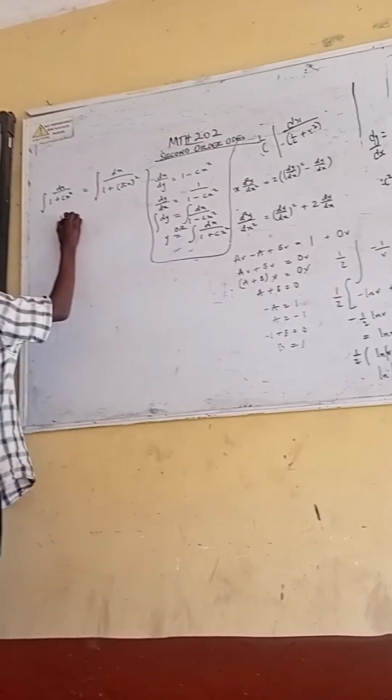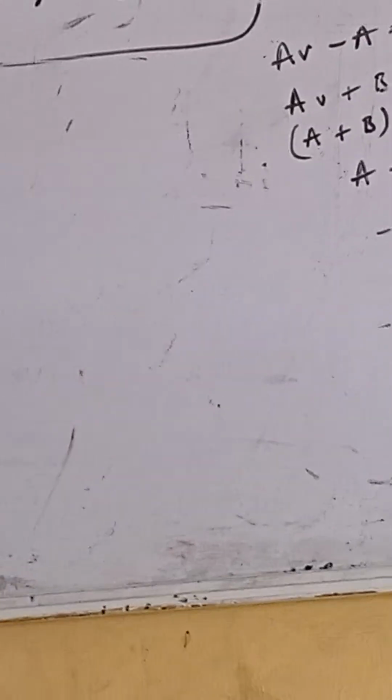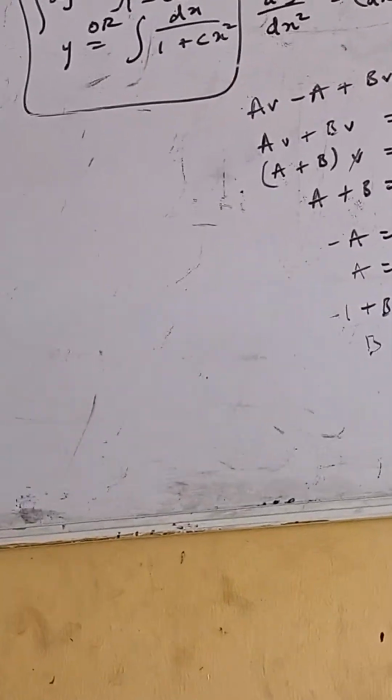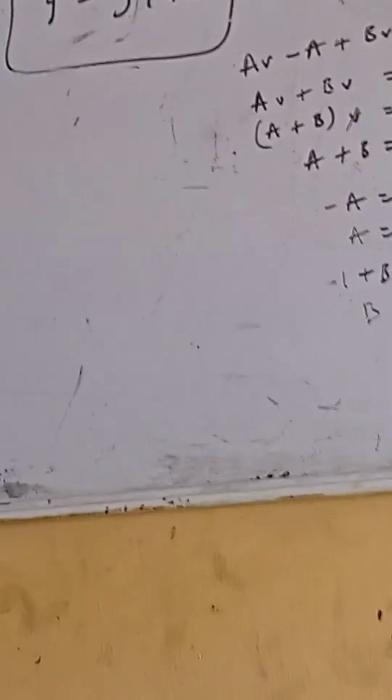Let u equal root cx, which means du equals root c dx, and dx equals du over root c. Do we get what I'm doing? Please, do you get what I'm doing? Root c is a constant.